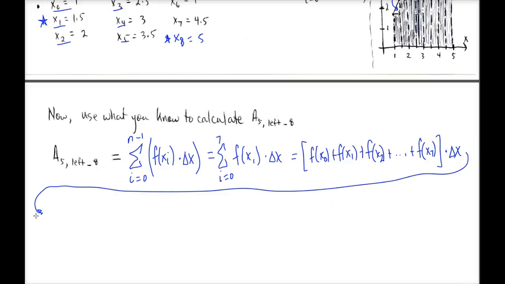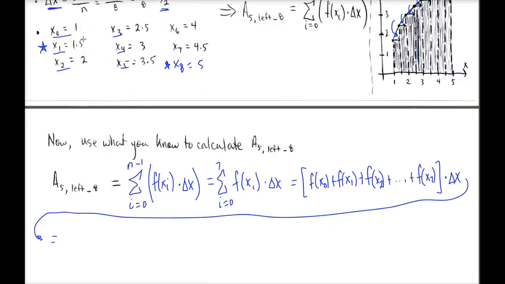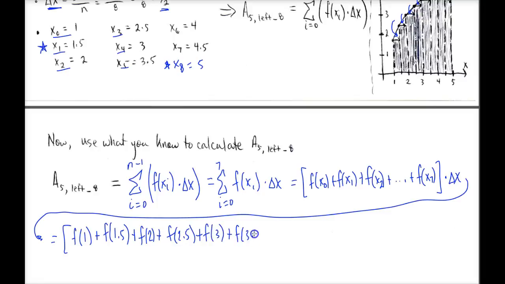Let me move this down slightly so we can see all the numbers there. If we look here, this is f of 1 plus f of 1.5 plus f of 2 plus f of 2.5 plus f of 3 plus f of 3.5 plus f of 4 plus f of 4.5.